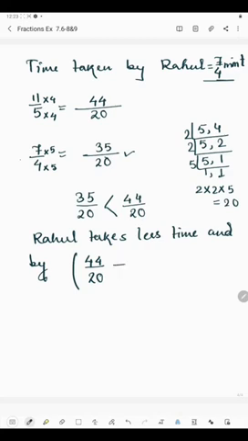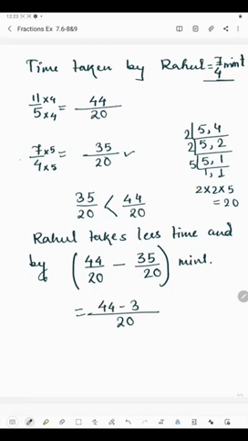So 44/20 minus 35/20. 20 will be the LCM, as these are like fractions, so we'll write 20 only and just subtract the numerators. So 44 minus 35. Now 14 minus 5 is 9. So it's 9/20 minutes. So Rahul takes less time by 9/20 minutes.